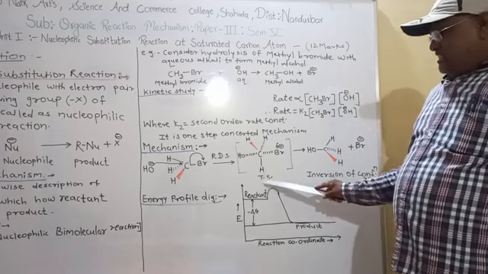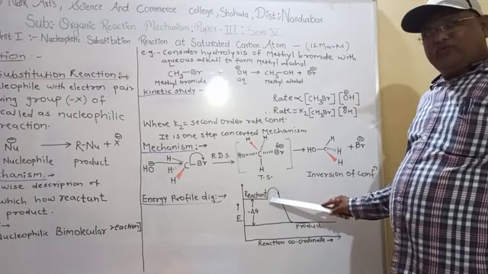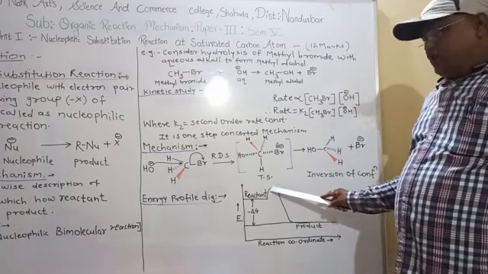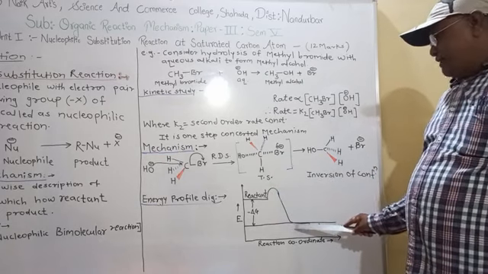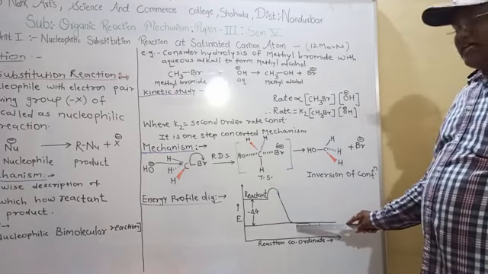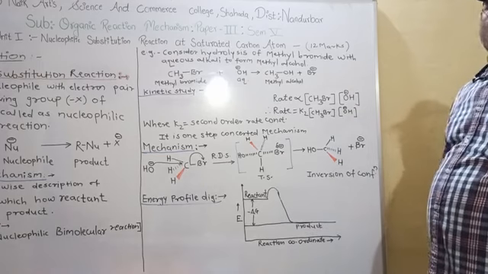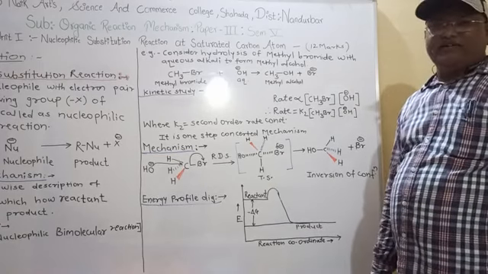And this transition state is short-lived due to higher energy, so it breaks immediately to form the product. The energy of the product is less, so product is more stable.